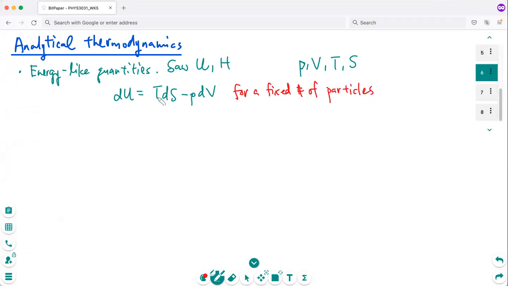For example, when we write this, it is actually partial U, partial S at constant V. One thing we don't write, but you should keep in mind, is that we keep N constant, because later we are going to relax this and look at a more generalized form.